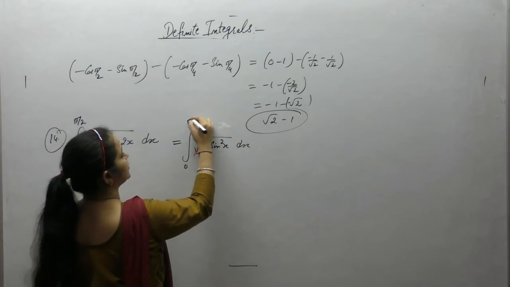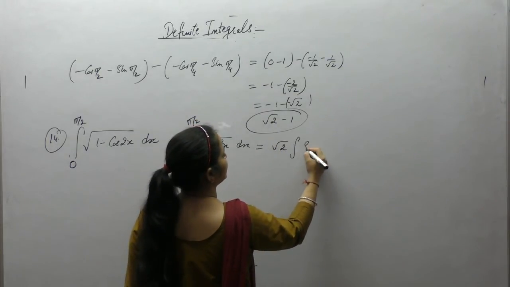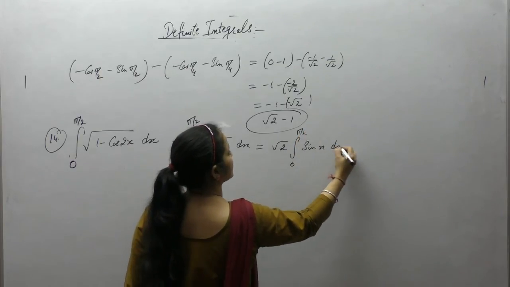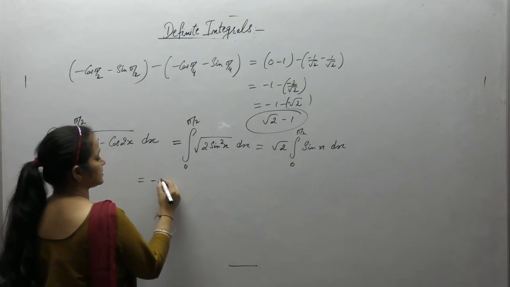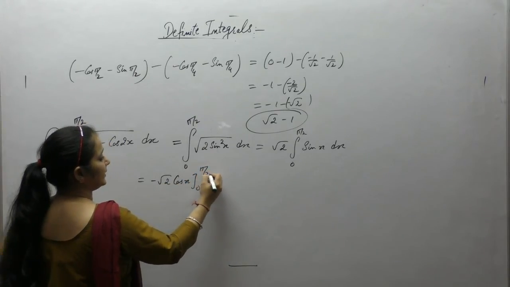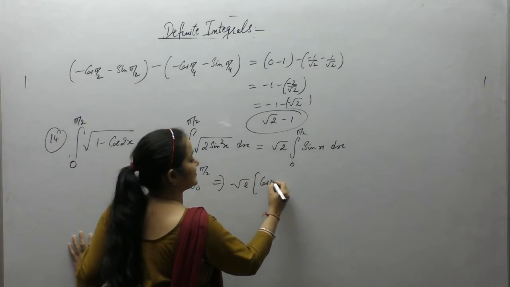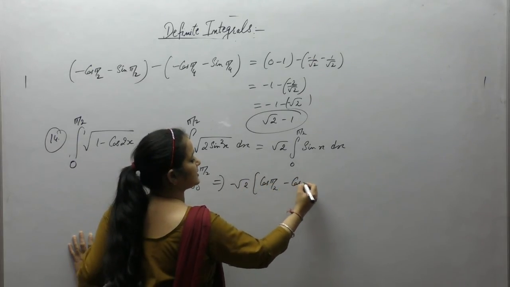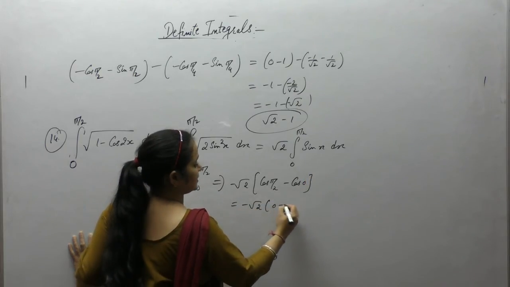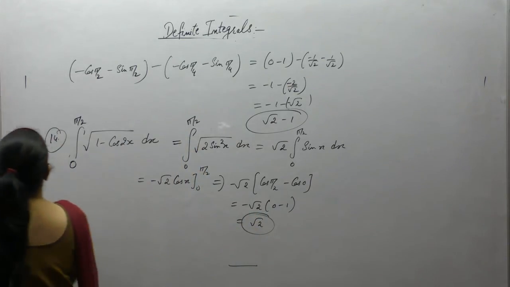The limit is 0 to pi by 2. Square root of 2 integral of sin x. The integral of sin is minus cos. Put the limits: minus root 2 times cos 90 minus cos 0. Cos 90 is 0 and cos 0 is 1, so the answer is root 2.